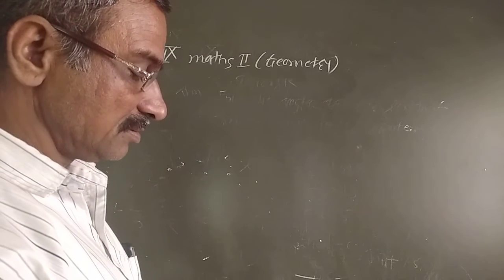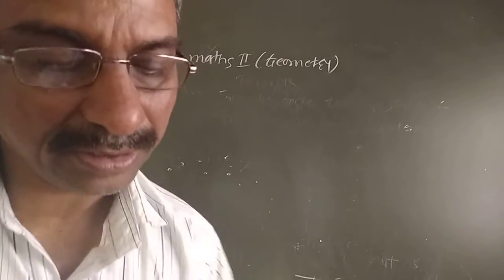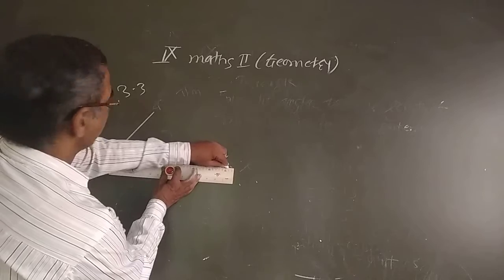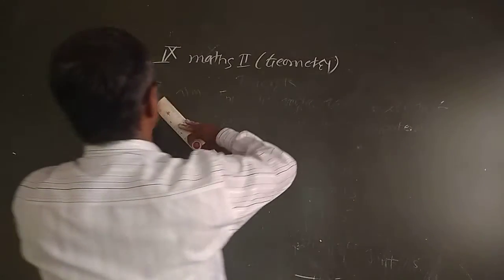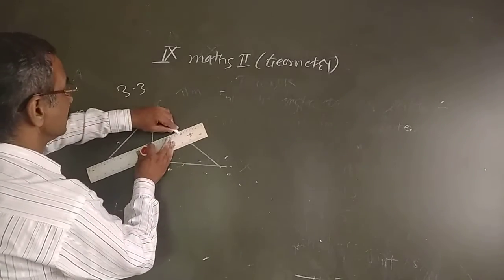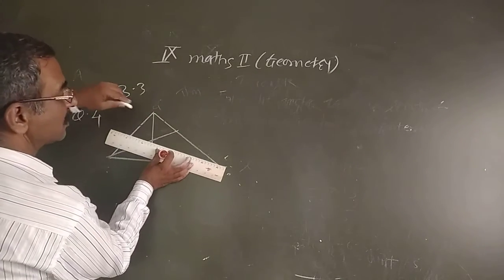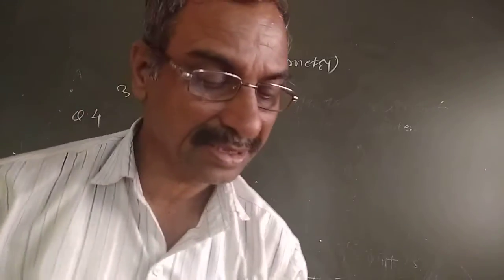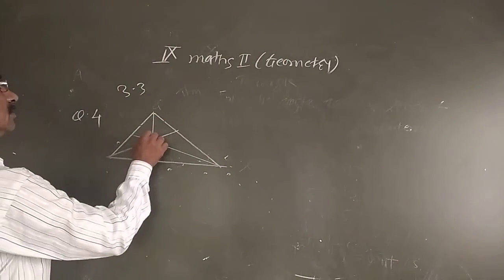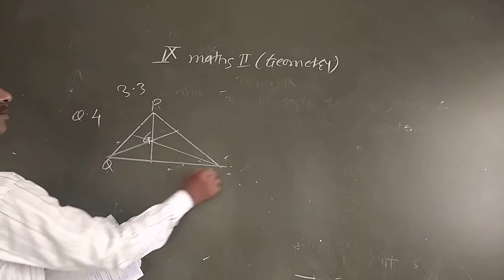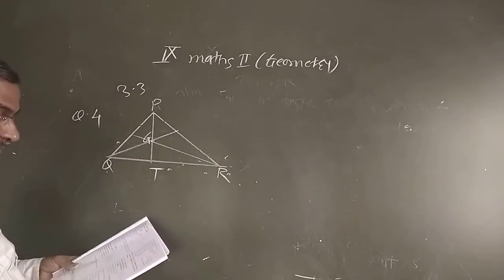In the figure, we draw the diagram. We are drawing the three medians of the given triangle PQR. The point of intersection is G.